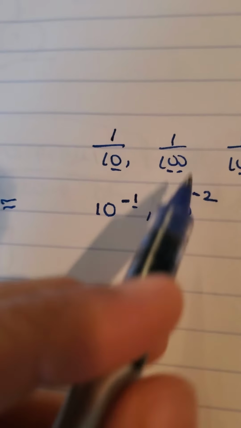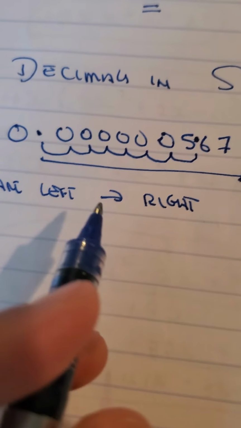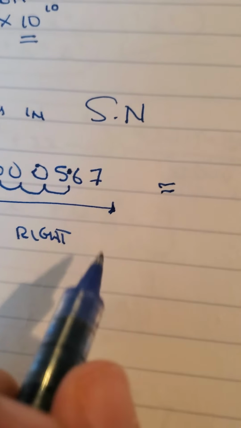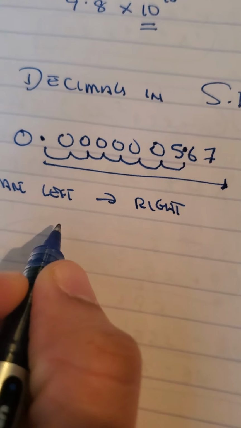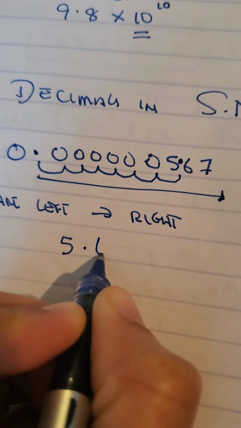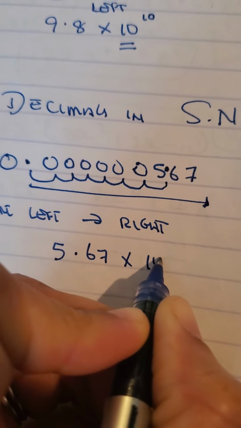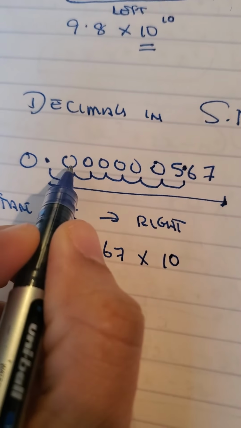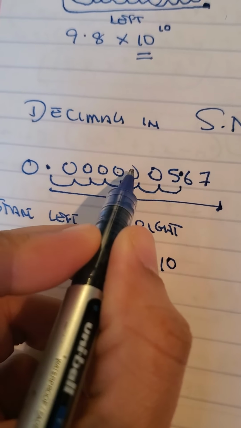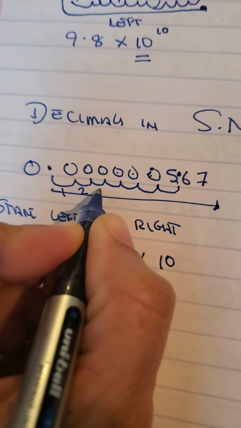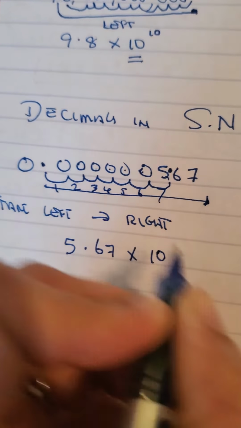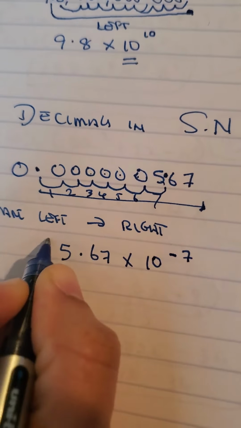But because it's the thousandths, because we're working with decimals, you guessed correctly that when we write our exponential, it'll be 5.67 times 10 to the, how many places did we go again? 1, 2, 3, 4, 5, 6, 7. So that will be 10 to the negative 7.